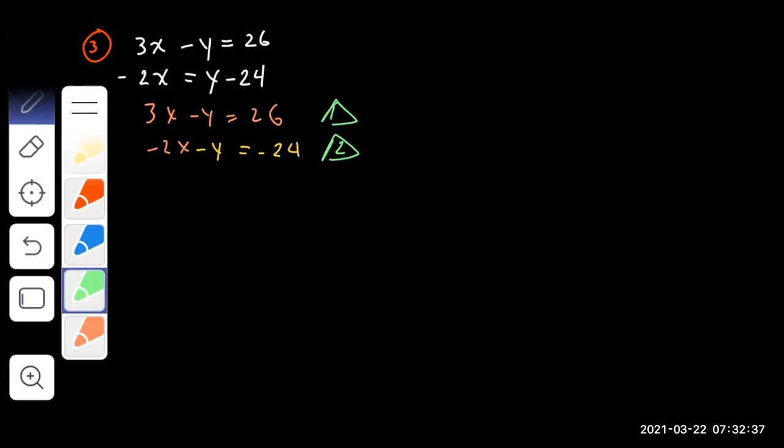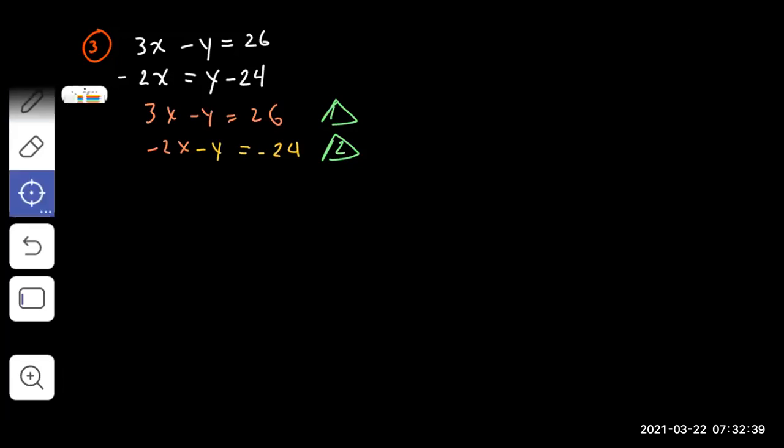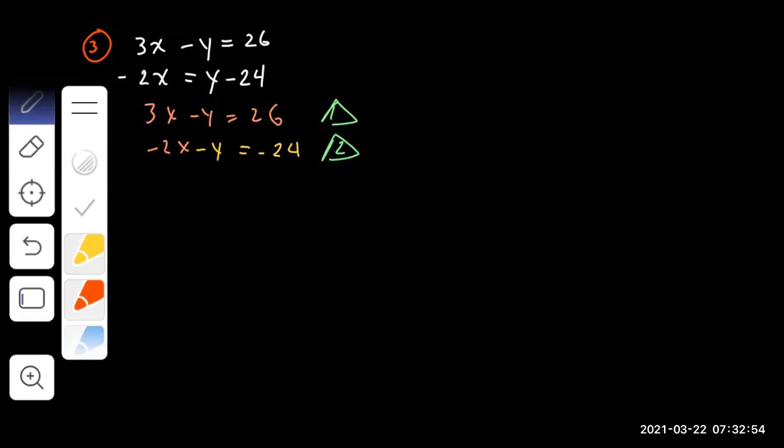You can eliminate X, but what about Y, guys? I have Y, 1 and 1 here. I have the same constant term. Let me copy -Y, and I have -Y here.